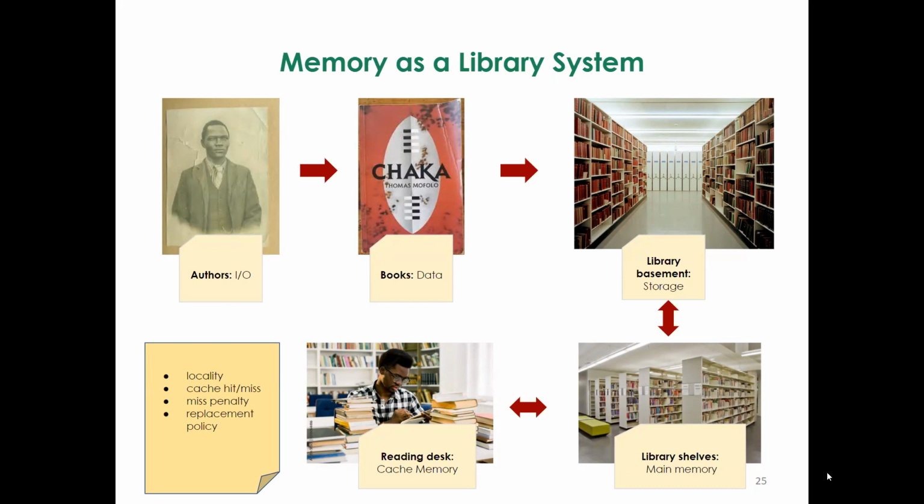So authors will generate that knowledge captured in the form of books, and the books will be bought and brought to the library, but normally the way libraries work, books are not brought directly to the shelves where people who visit the library can pick them and use them.